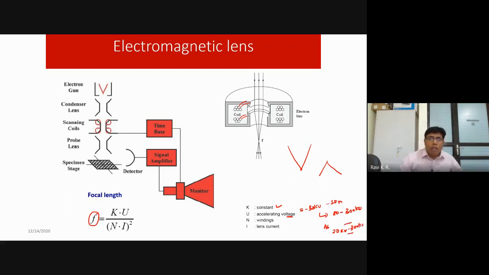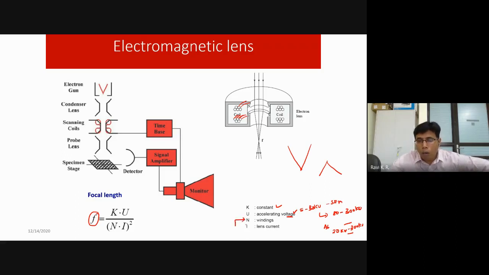So when you are taking a particular image, you use a constant accelerating voltage. This is actually a constant. The other parameters are physical parameters which you are not going to vary when you change the settings. It's already there, it's hardware.